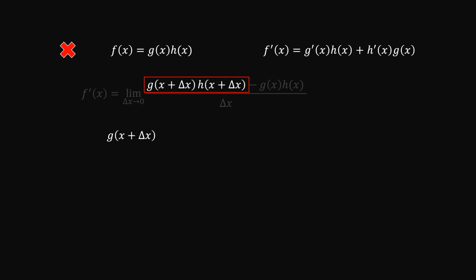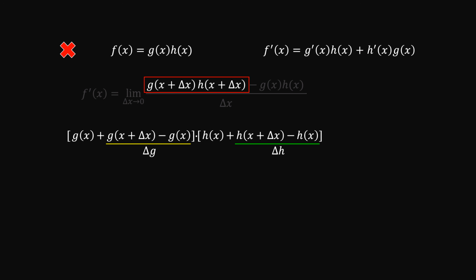For the first term, we make up an extra term, g(x), then subtract it. Also for function h, we add h(x), then subtract it. Carry the product. This guy is delta g. This guy is delta h.